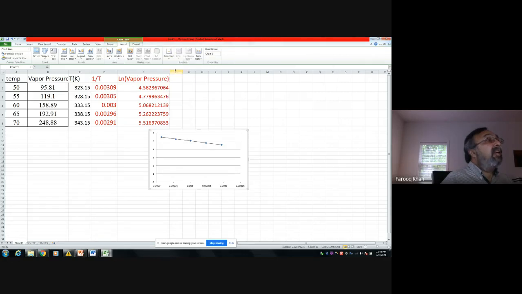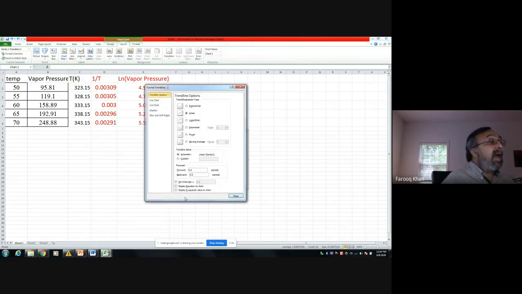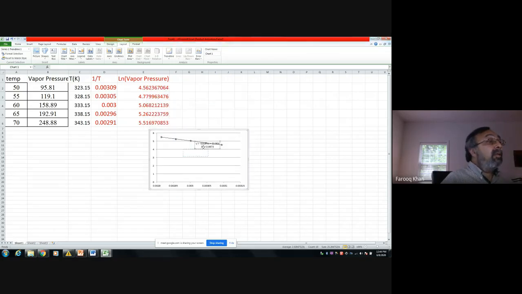So we'll add a linear trend line, and then go ahead and add the equation of the line and display r squared. So this is what we get.